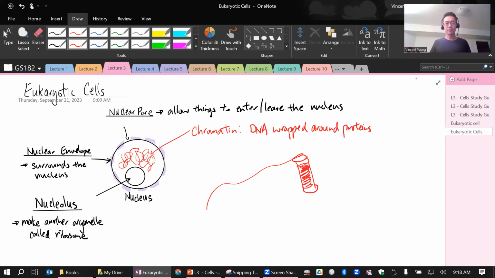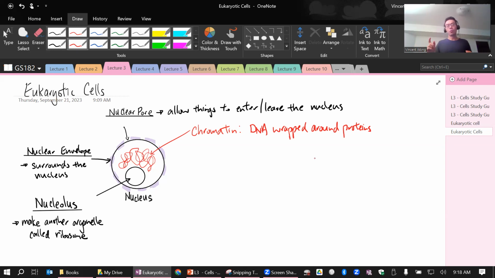That's important because we don't want DNA from chromosome 1 to get tangled up with chromosome 7 or something like that. So DNA is very loose, unwound. You package it a little bit with some protein, that becomes chromatin.